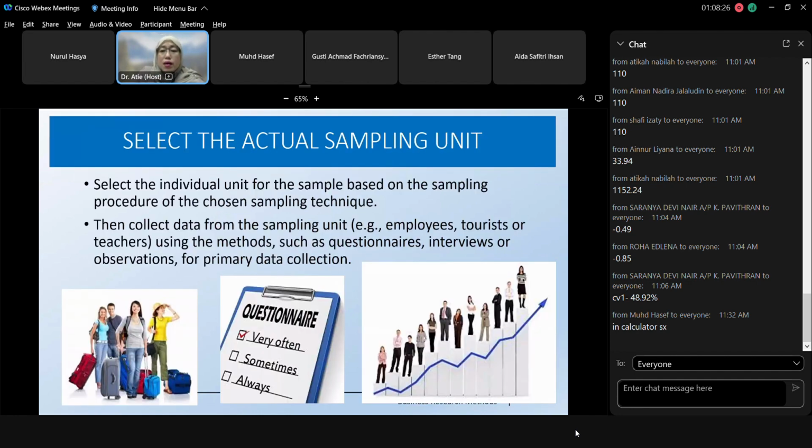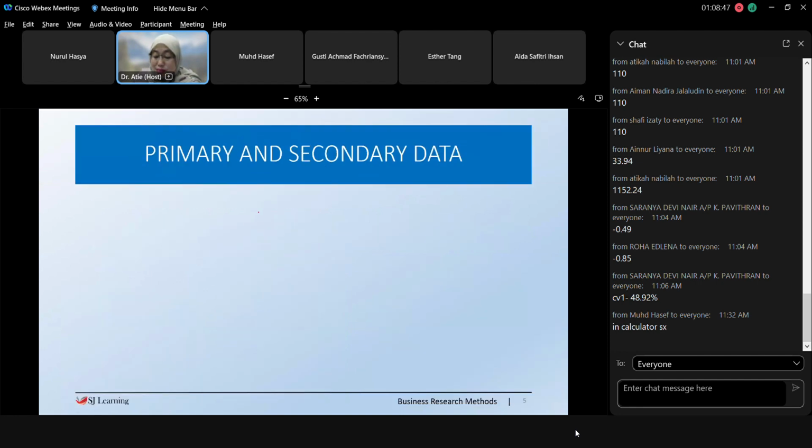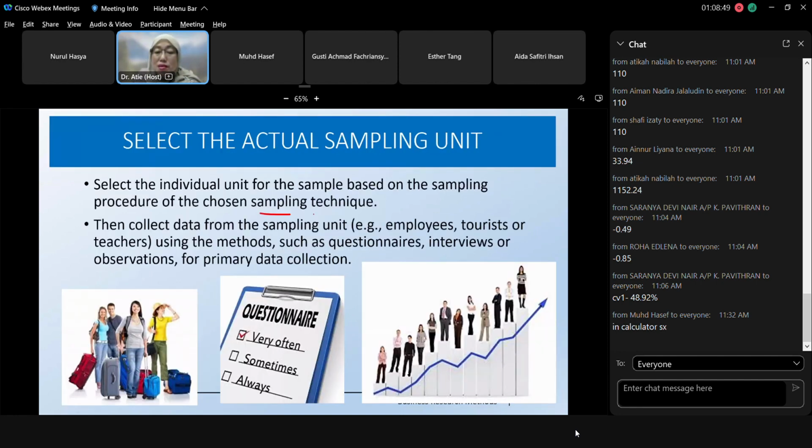So what do you need to do? When you select the sampling unit from your population, you need to select the individual units for the sample based on the sampling procedure of the chosen sampling technique. I'm not going to emphasize this in this class, but you will learn all the sampling techniques, and it's in the book on page 16. You will learn more in your research methodology class.